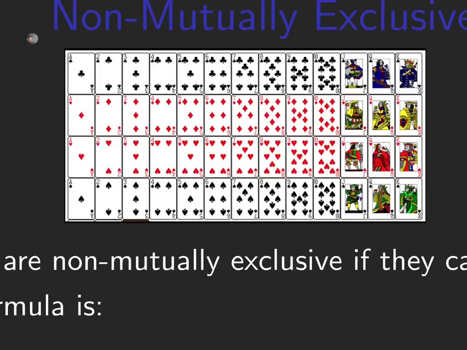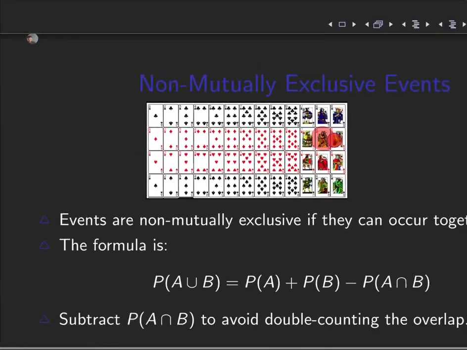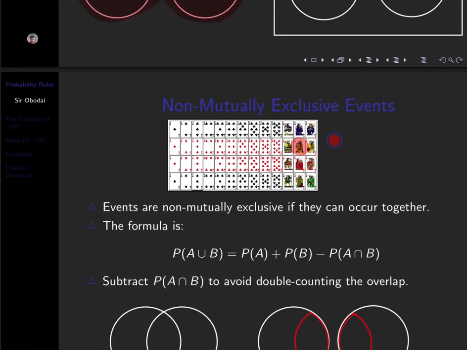The reason being that we have a queen which is also a diamond. You see, so these two events can occur together. Hence, they are not mutually exclusive. If events can occur together, that is when we say they are what? Not mutually exclusive. I hope that makes sense.